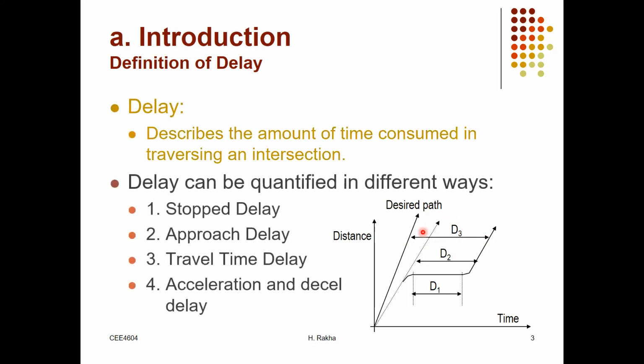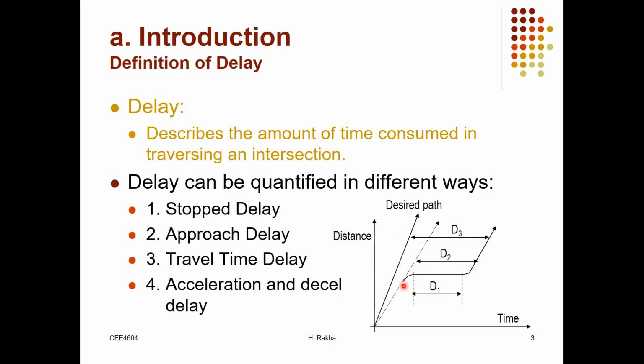So basically, 1, which is this one here, is called the stop delay because we're completely stopped. 2 is called the approach delay. 3, I guess, is called the travel time delay, which is basically the total delay.